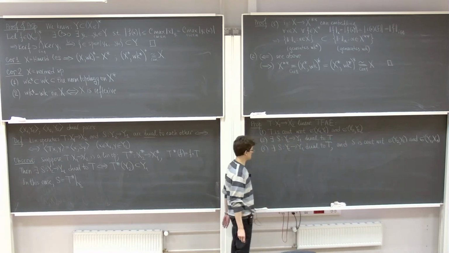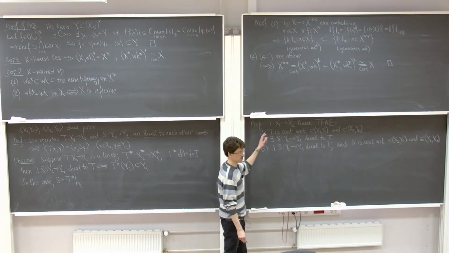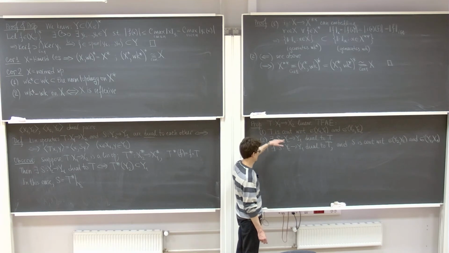So this is a topological criterion for the existence of a dual operator. S exists if and only if T is continuous with respect to the weak topologies.